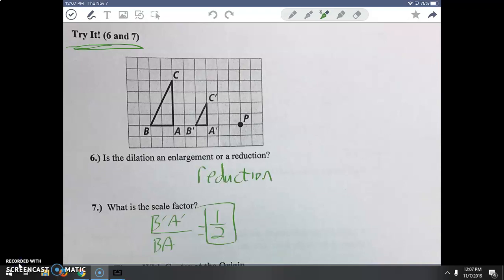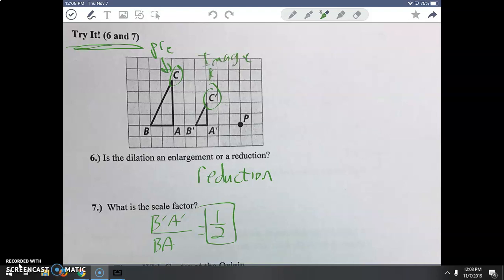And we're back. So, on number 6, the dilation is enlargement or reduction. Well, hopefully you went by the points and the primes, the apostrophes, other than left to right. Make sure you pay attention to the points. Do they have apostrophes or not? Because this one is your pre-image, and this one is the image.